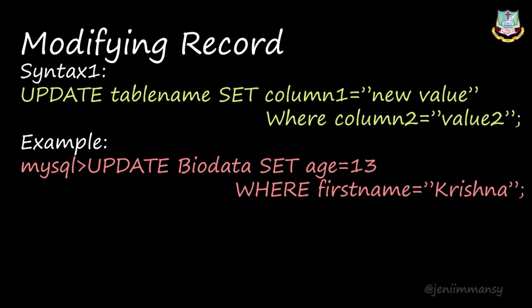For this, update then the table name, and then set the first column's name, then is equal to, and inside the double quotes you have to give the column's value, and then where, and then the first name is the second column, and then equal to, and inside the double quotes you are giving the second value, and it will end with semicolon.